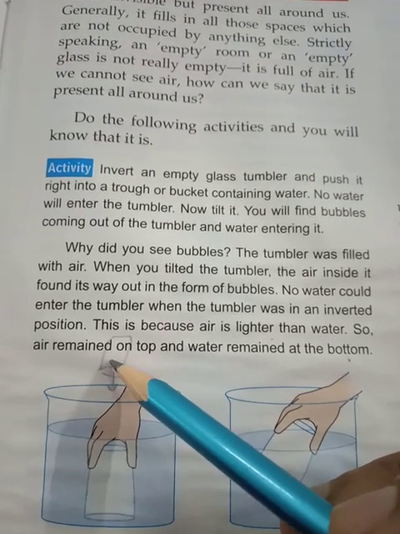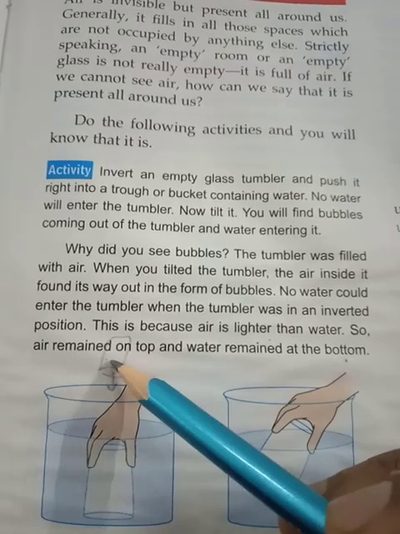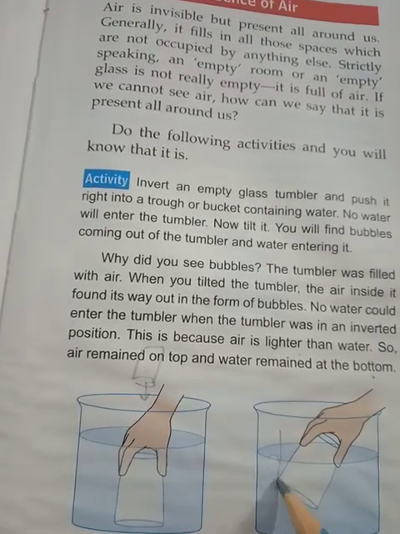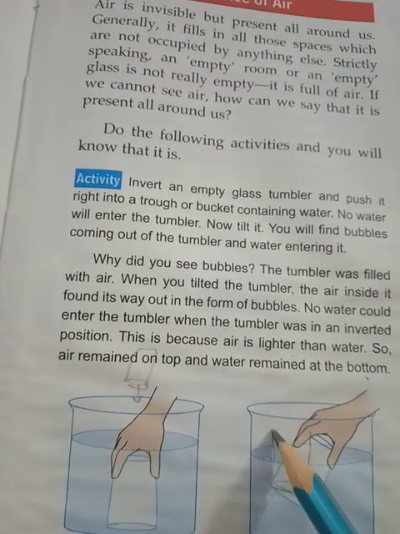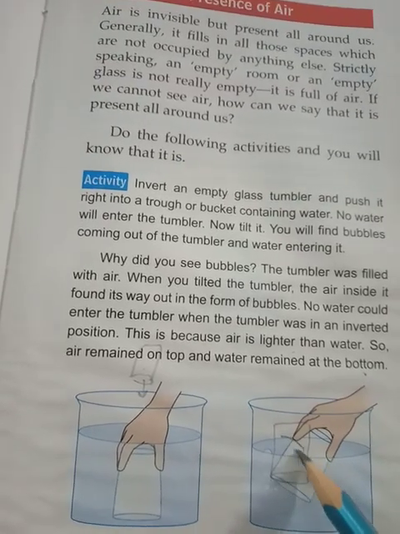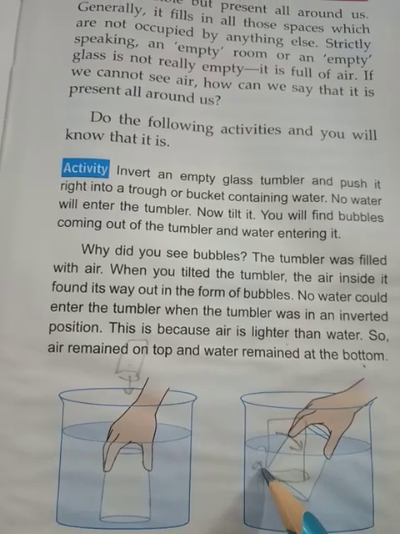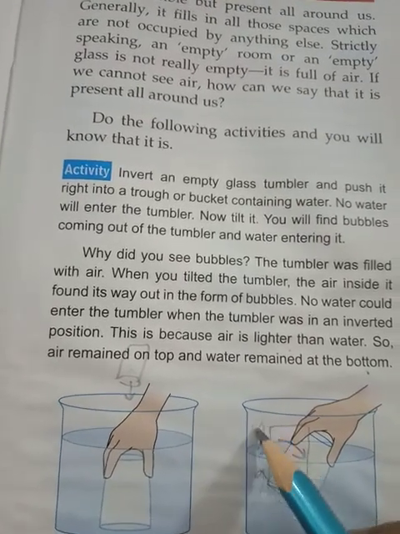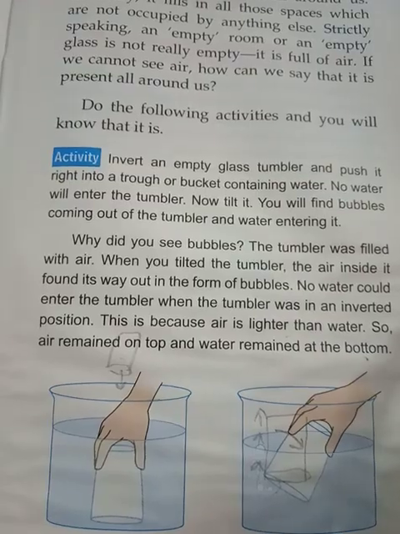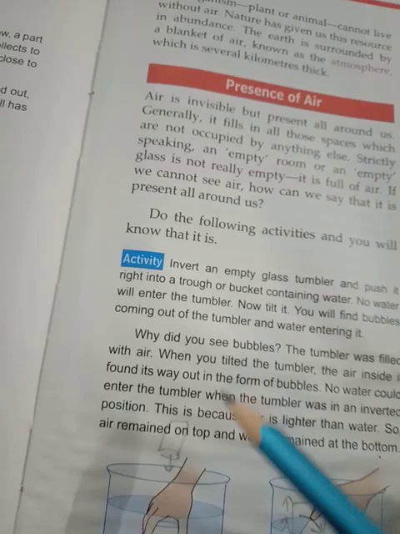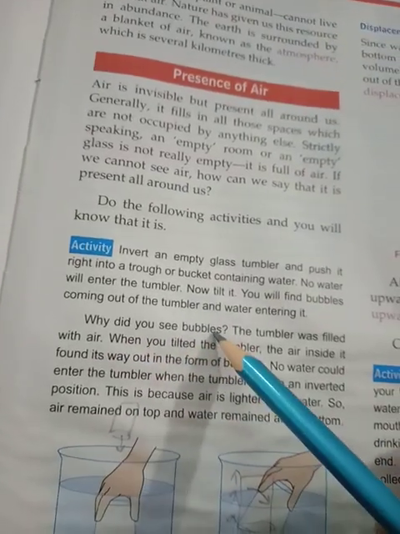First of all we are saying this is an empty glass, but whenever we tilt this glass somewhat like this, some air passes out of this glass and moves in an upward direction. So what did you see? Bubbles. The tumbler was filled with air.